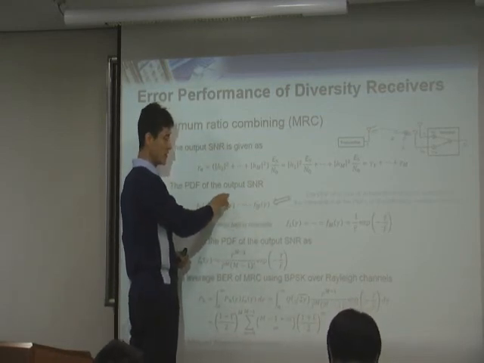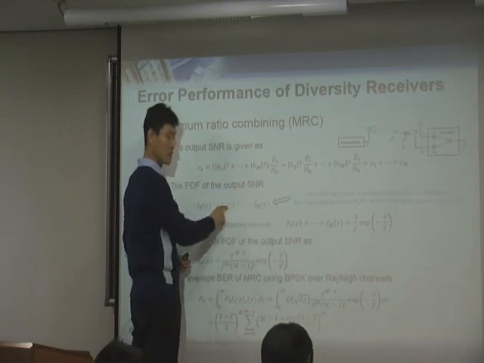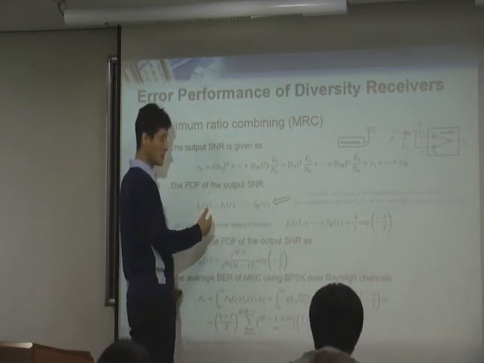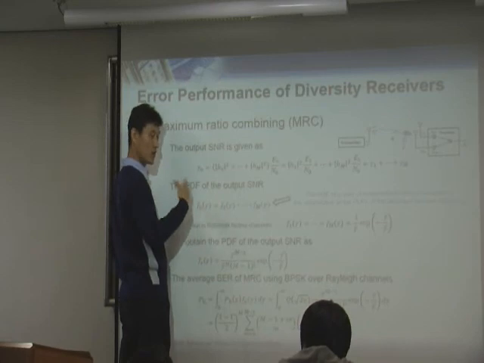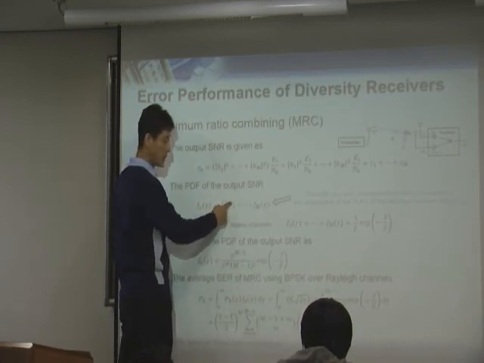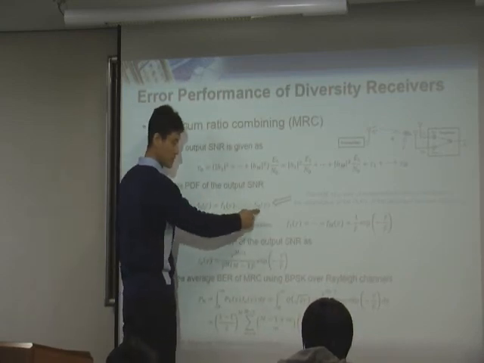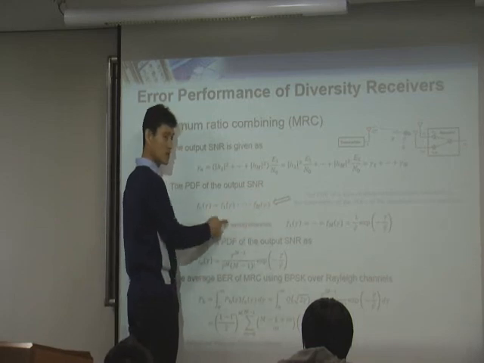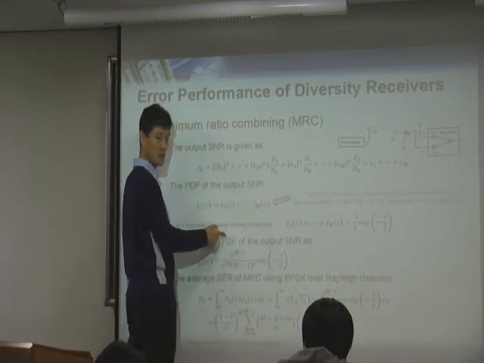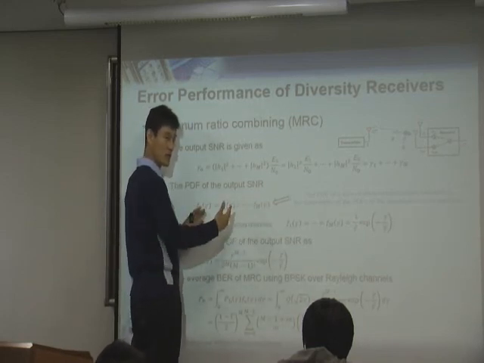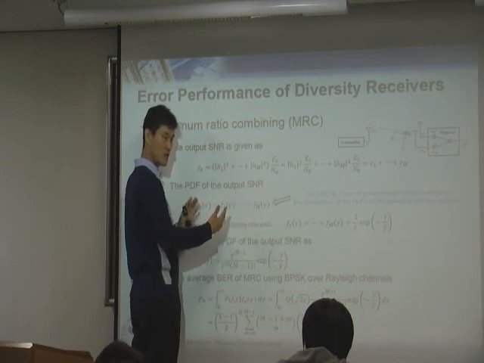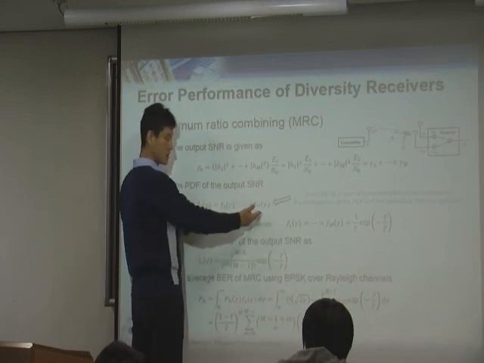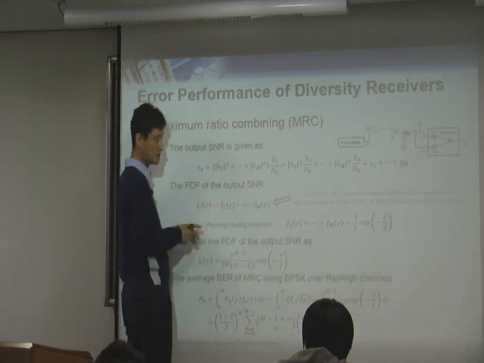You have m different time domain signals. When you do the convolution, what you can do instead is take the Laplace transform of each of them and go to the S domain, and then what you do is the multiplication, right? Multiplication in the Laplace domain corresponds to convolution in the time domain.